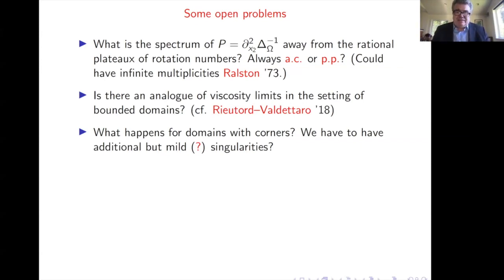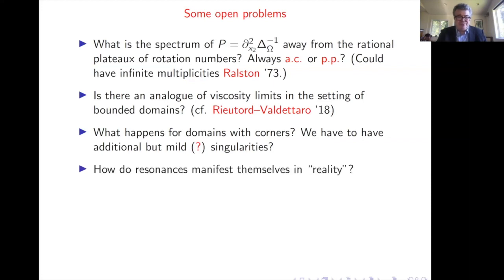But when you have corners, that is no longer true. There will always, not maybe always, but generically, be singularities which emanate from the corner, but they are weaker. They are not in H^{1/2}, they're better than H^1. They're like H^{3/2}, roughly speaking. But I don't know what really happens in the case of corners.